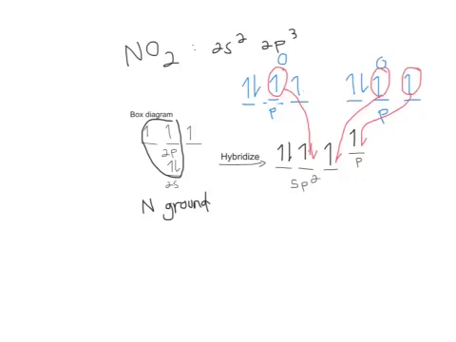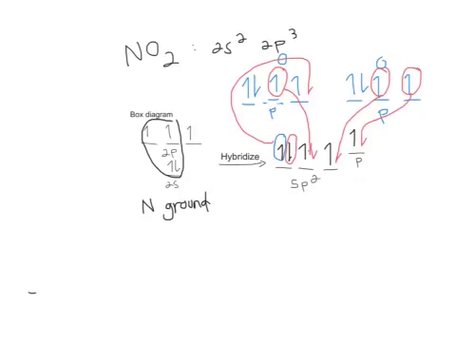And then what we're going to do is take one from the nitrogen hybridization here, and it's not going to bond, but it's going to share an electron with the oxygen, which leaves the nitrogen atom with the free radical, the one unbonded electron.